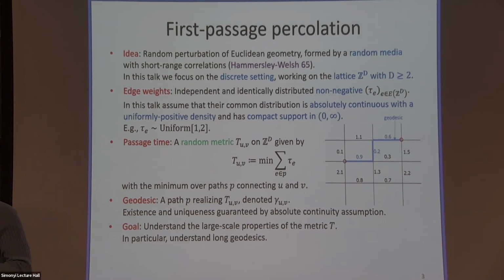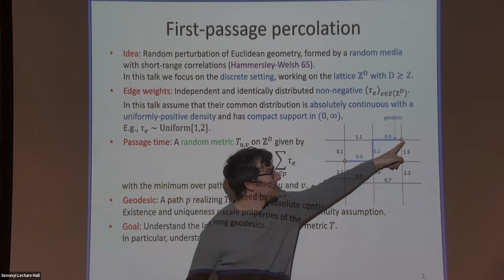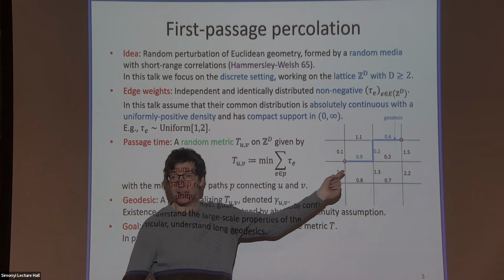Okay, so what happens when you endow the Z^d lattice with capacities or weights or lengths? Well, it turns the Z^d lattice into a random metric space. In what way does it turn it into a random metric space? Well, if you now fix 2 vertices, u and v, you can ask, what is the shortest path between them?